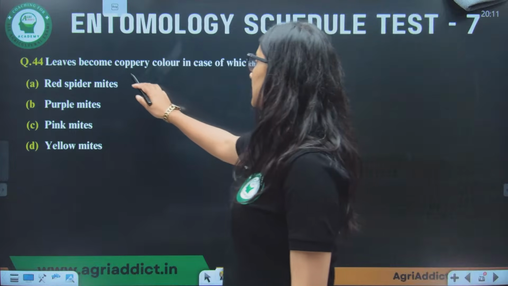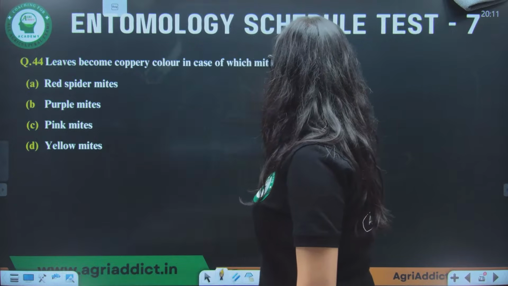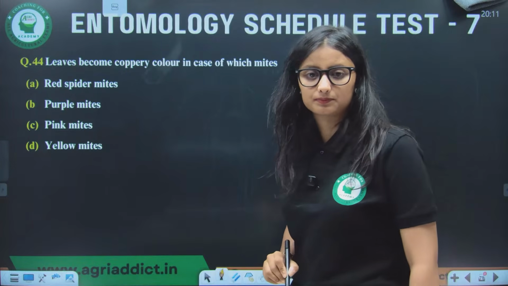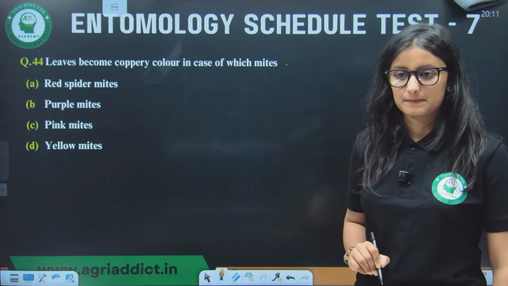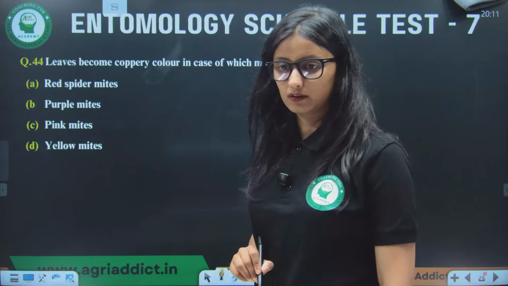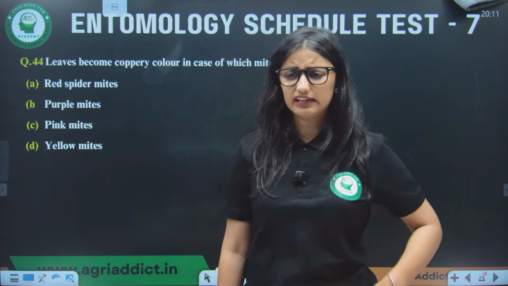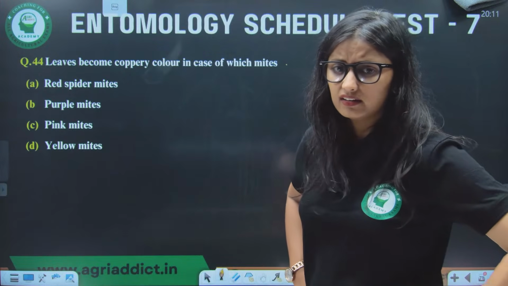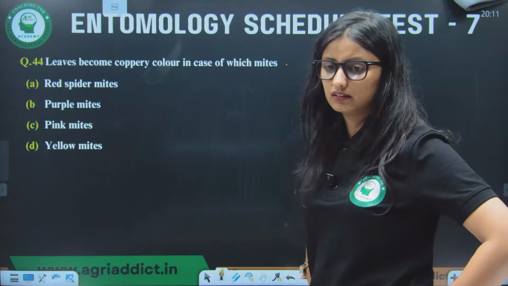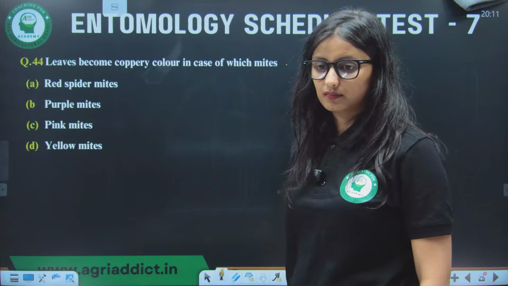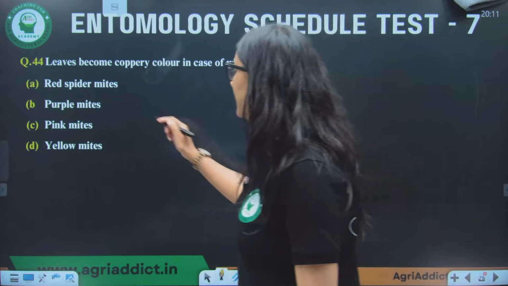Leaves become coppery in color in the case of which mites? Where is groundnut leaf miner in the options? Is it A? B. Very good, Arun Kumar.